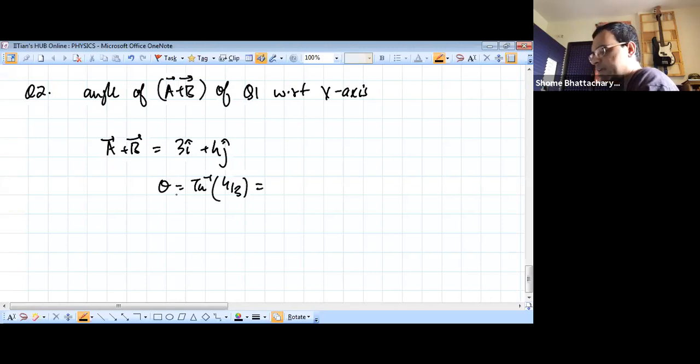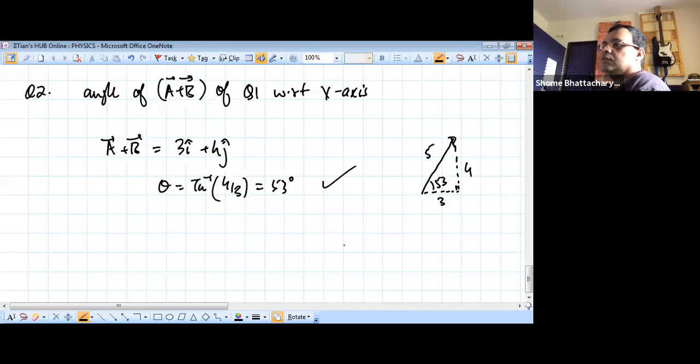Sorry, what was it? 3 I cap plus 4 J cap. Okay, this one. And that is nothing but 53 degrees. By definition, you know this is 53. We had discussed this. This angle is 53 when your right angle triangle is like this. Is it clear, Mayank and Sarah?